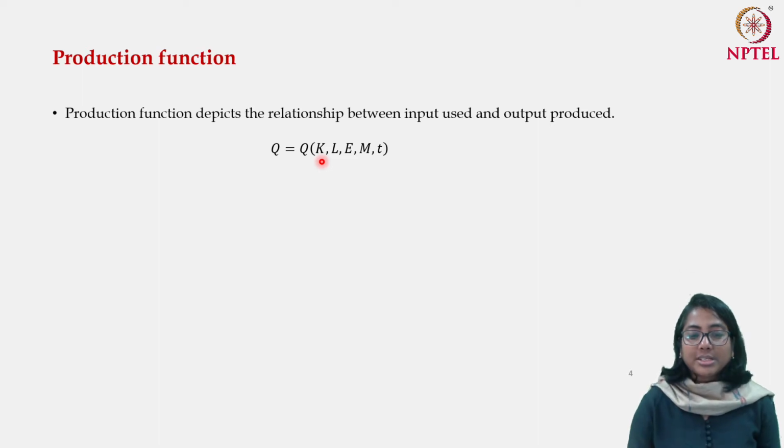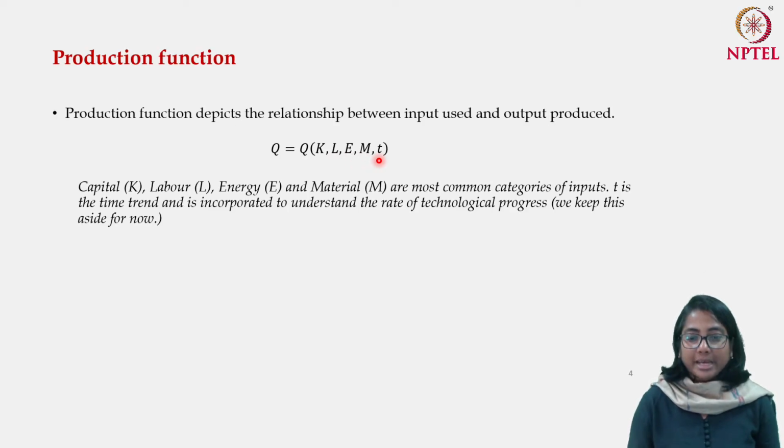Okay, so coming back to the discussion, K is the capital, L stands for the labor, E is energy, M is material, and T is basically time. You can incorporate many other inputs if you want to, which are contributing to the production of a particular amount of output. So in many cases nowadays you will see that service is being incorporated as one of the inputs in the production function. This T has a very important role to play.